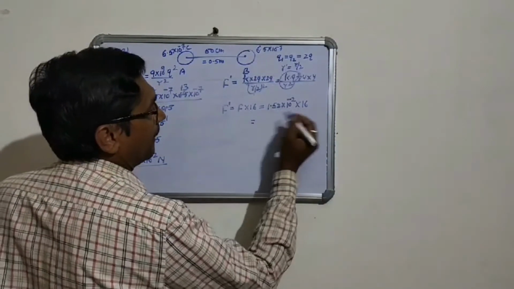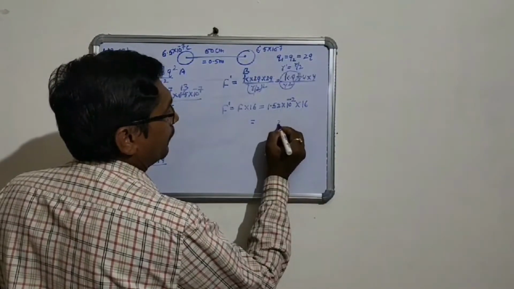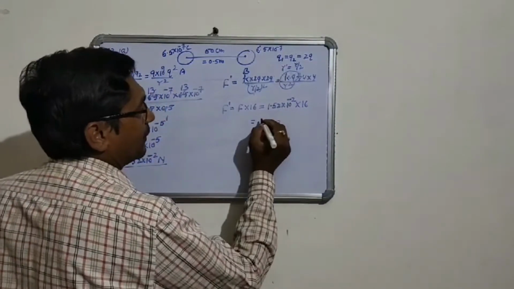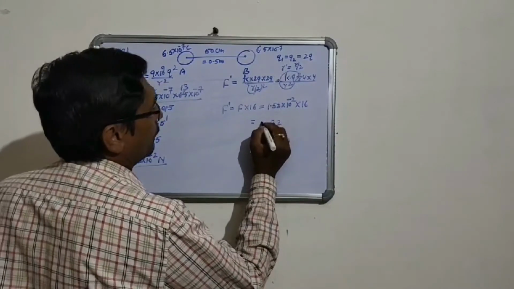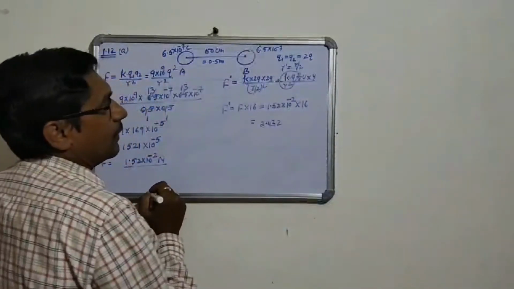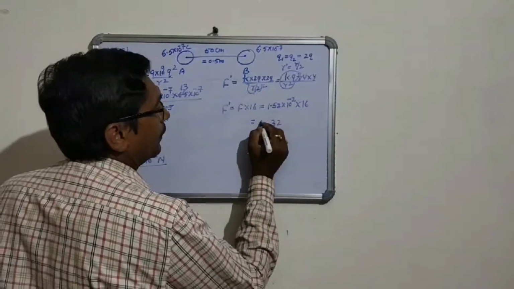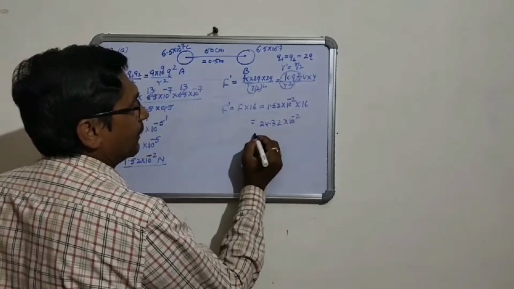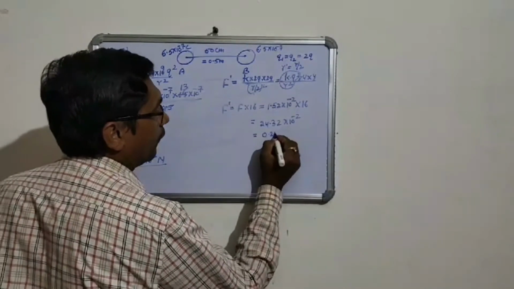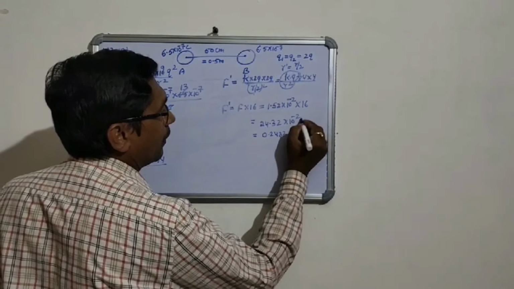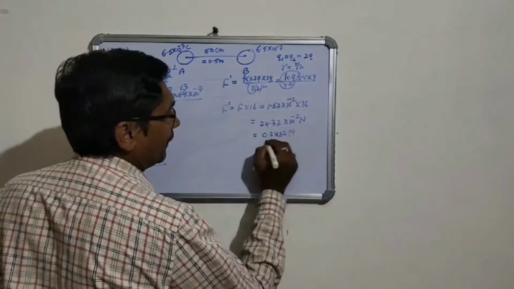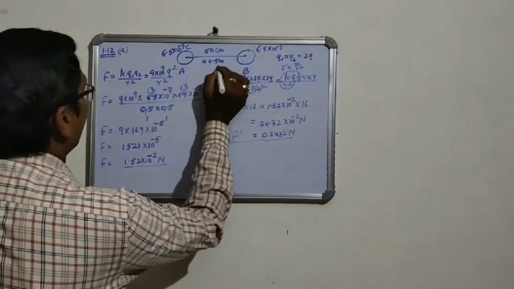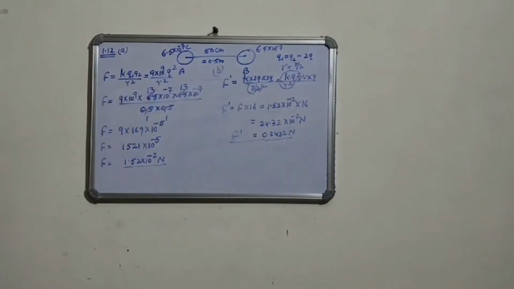So 16 times 1.52 into 10 to the power minus 2 gives 24.32 into 10 to the power minus 2. This can be written as 0.2432 Newton. Then the new force is equal to this. This is part B of question number 1.12.